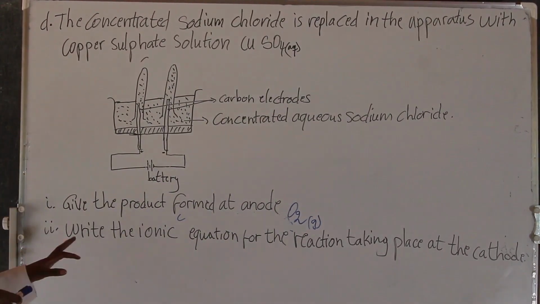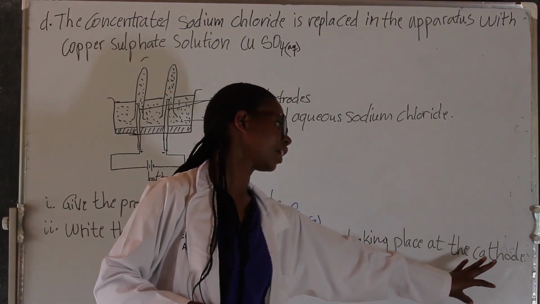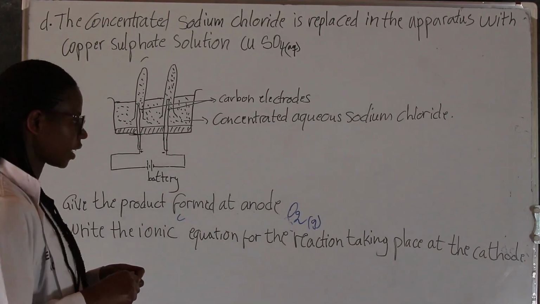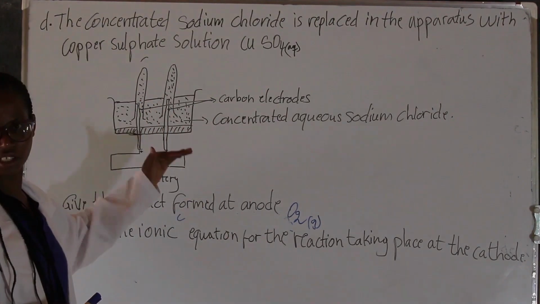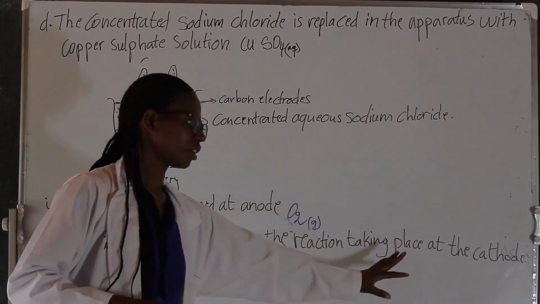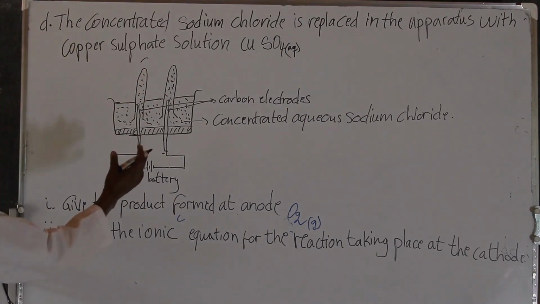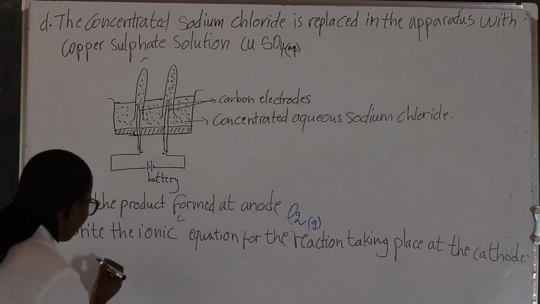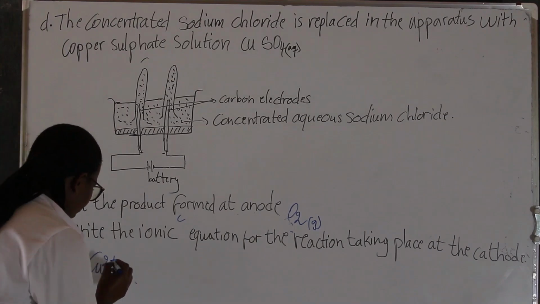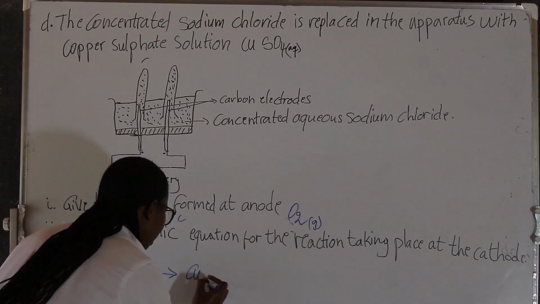for the next sub-question, write the ionic equation for the reaction taking place at the cathode. Remember at the cathode, the ions that are positively charged, which are called cations, are the ones which take place at the cathode. So for copper sulfate solution at the cathode, when the electrode is carbon, we have copper 2 plus, which will be reduced to copper.